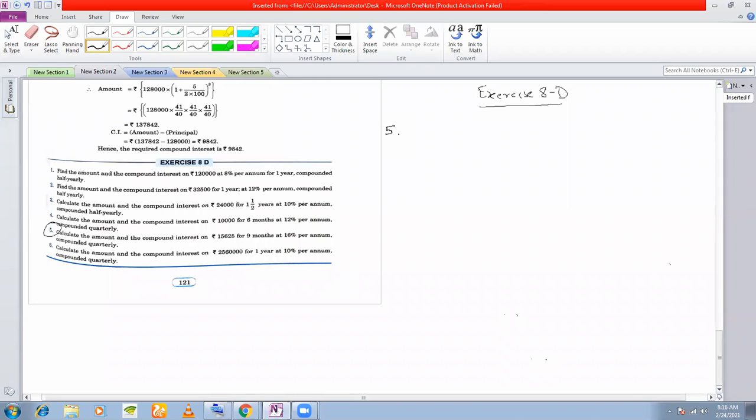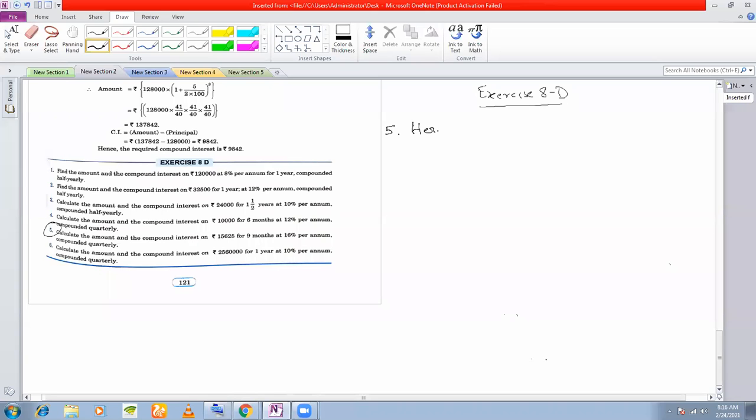Question is: calculate the amount and compound interest on 15,625 for 9 months. Only 9 months, not even a year. On 15,625 for 9 months at 16% per annum.